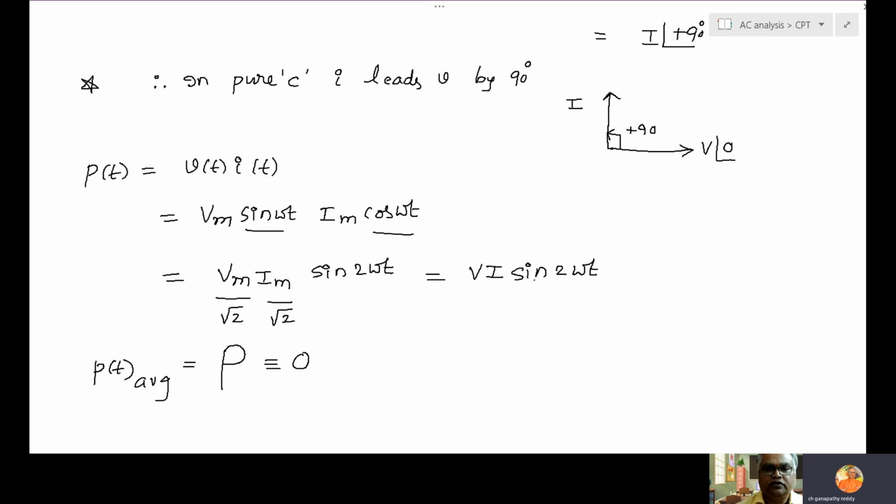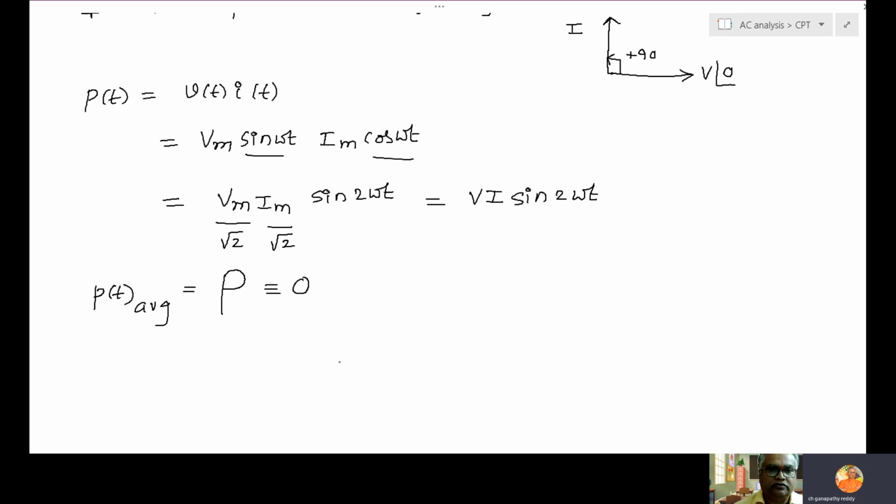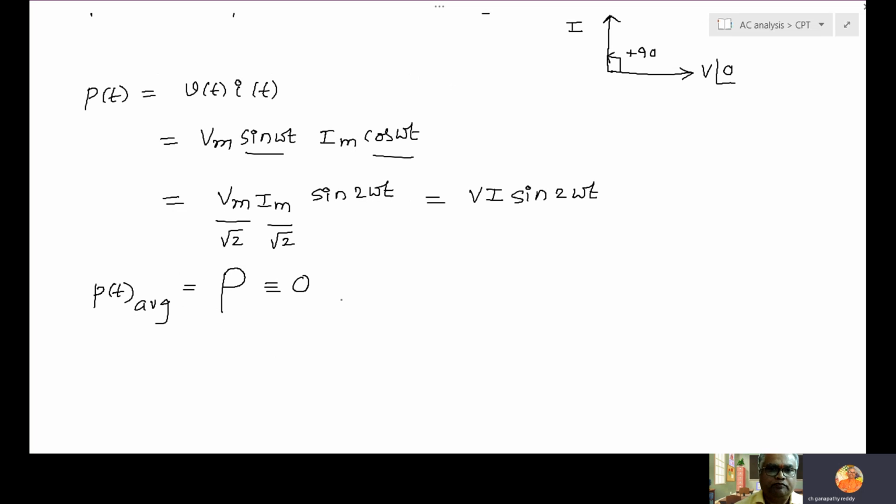For any sine wave, the positive half cycle area and negative half cycle area are equal, so compulsorily this average value is 0. Second point: instantaneous power frequency is double the input signal frequency. Then in pure capacitor, average power dissipation is 0.